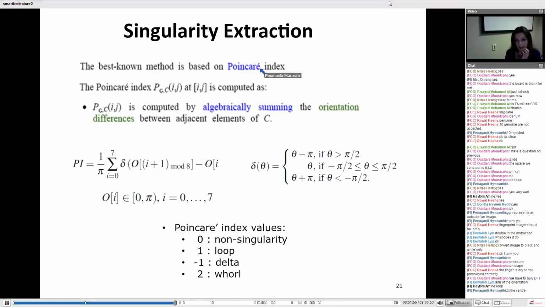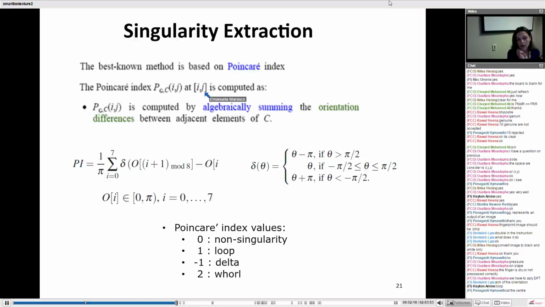The method that is usually used for singularity extraction is the Poincare index, and this is the one that you can also read from chapter 2 of the book that I mentioned.